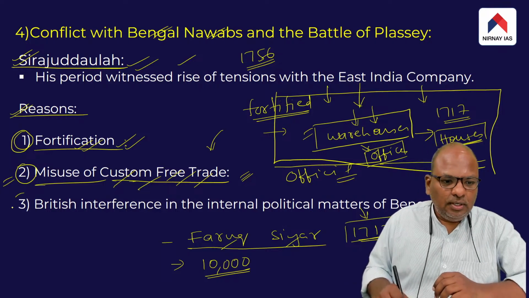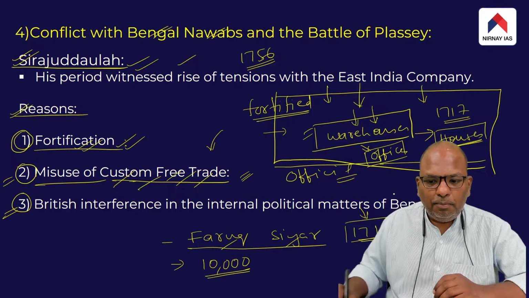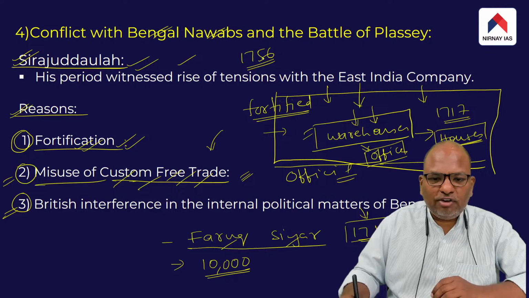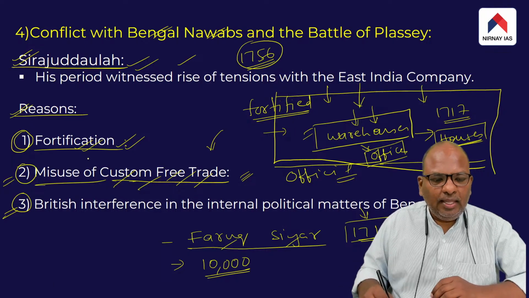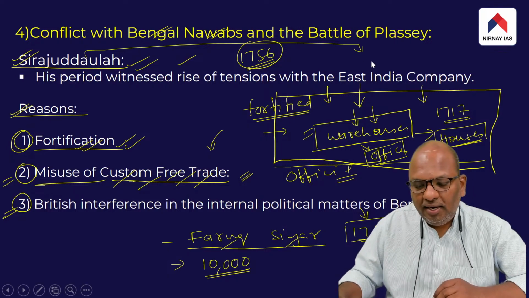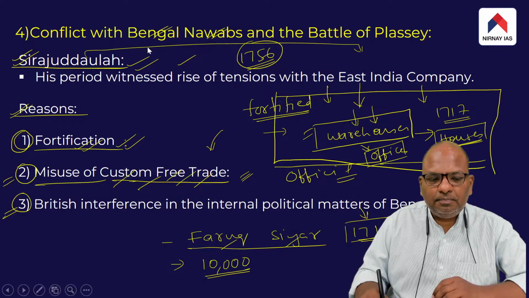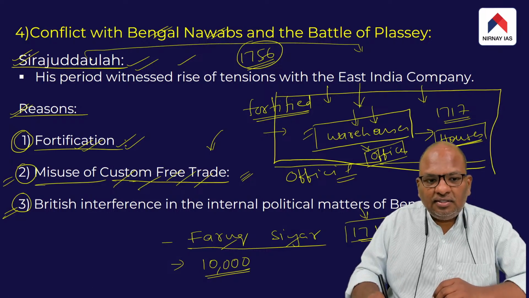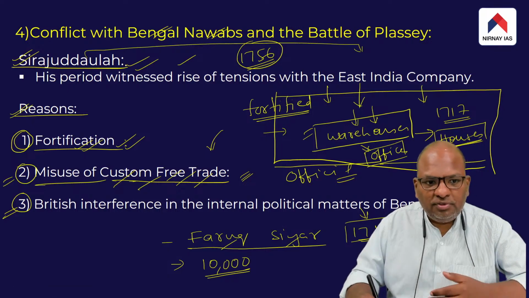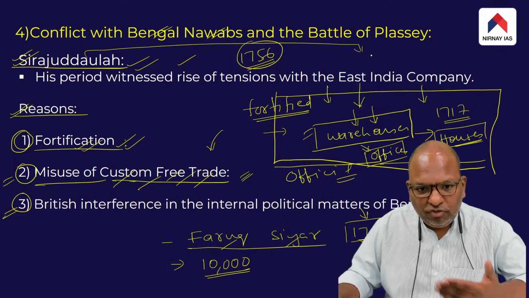And third, the British began interfering in the internal political matters of Bengal. Basically, Sirajuddaula was the ruler of Bengal in 1756, but in Bengal there was a rival contender to the throne. Got my point? The cousin of Sirajuddaula was a rival contender to the throne of Bengal.